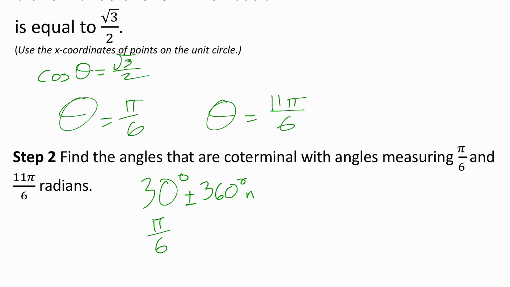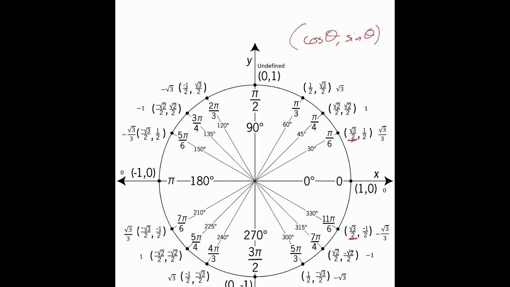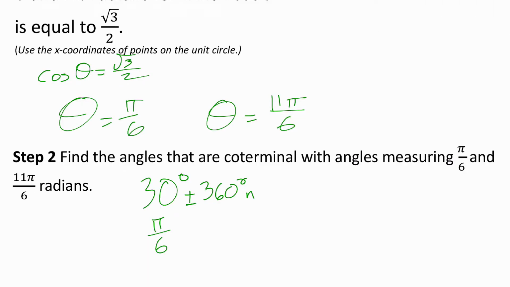Now thinking back to what we know about the relationship between degrees and radians, 30 degrees and pi over 6 are the same thing, from the unit circle. For 360, the radian equivalent is 2 pi. And similar to what we did with degrees, we're going to say it's 2 pi times n.